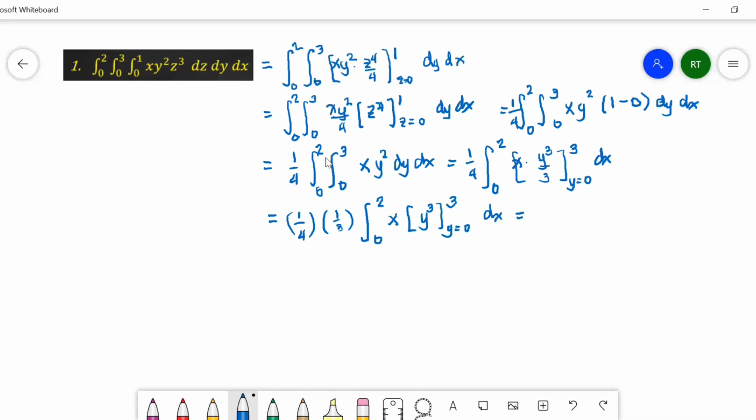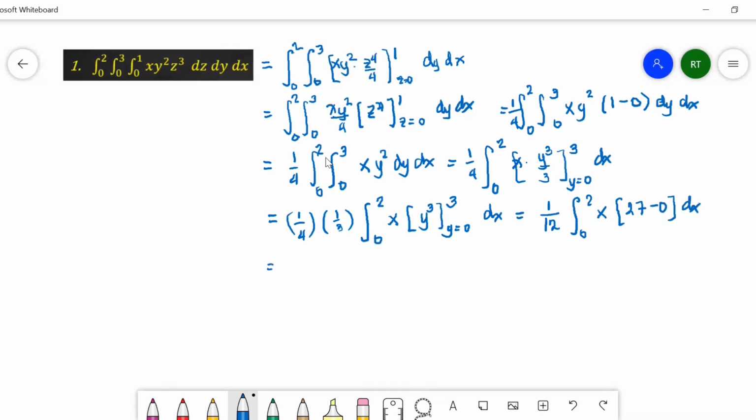Hence, this will give us 1 over 12 times the integral from 0 to 2. Then we have x. Evaluating y cubed when y is equal to the upper limit 3 will give us 27, and when y is equal to 0, y cubed of course is 0.